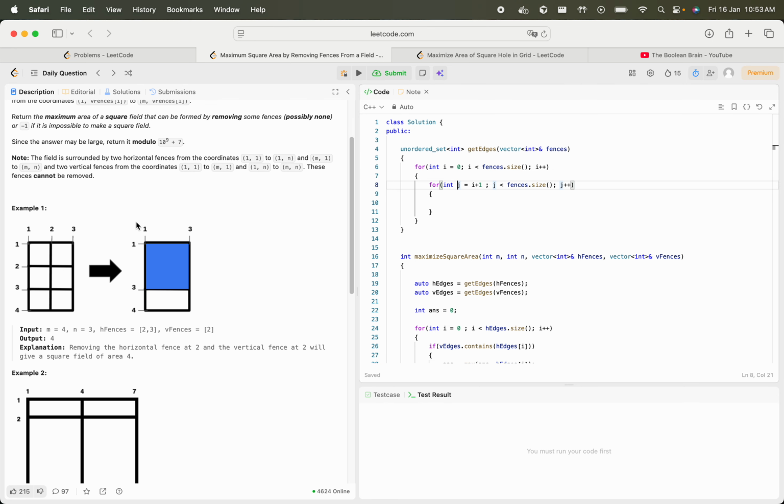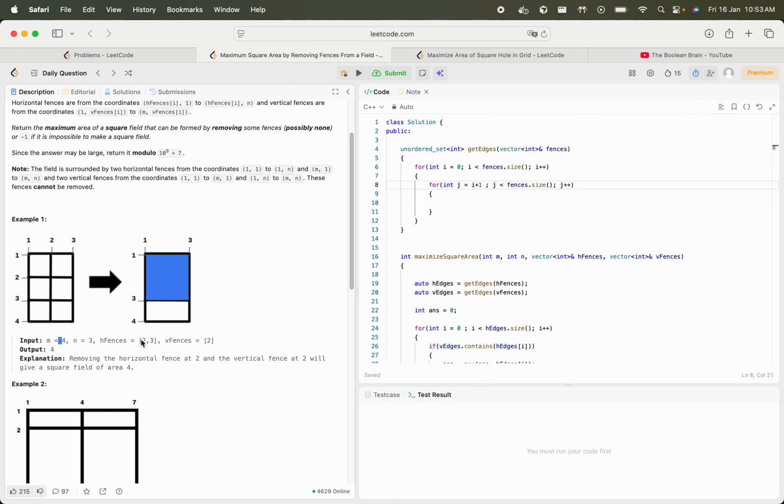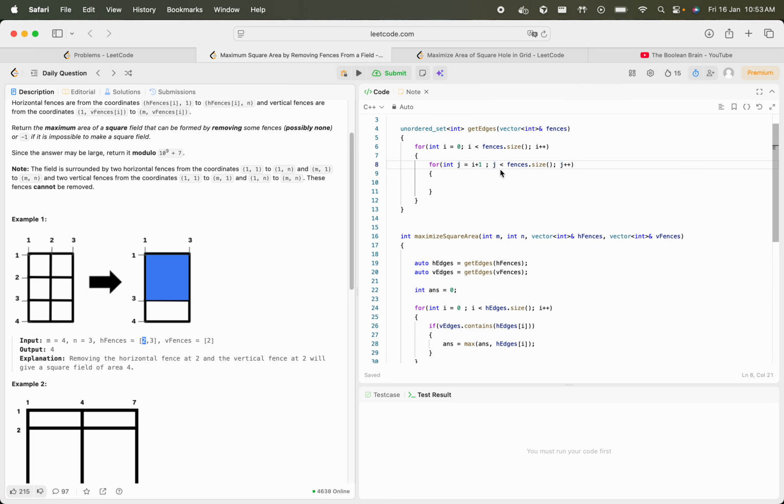So I have this, I have this. I want to find basically the combinations. So my initial starting point is basically 1. So I also need to consider by adding 1.